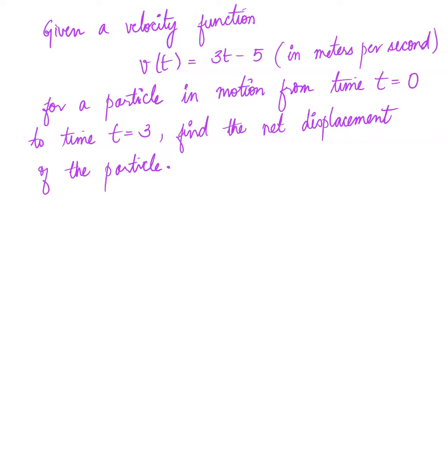So if I were to quickly sketch this, there's negative 5, so I want it to go like this. Let that be negative 5. And t equals 0, and then 3 will be here.